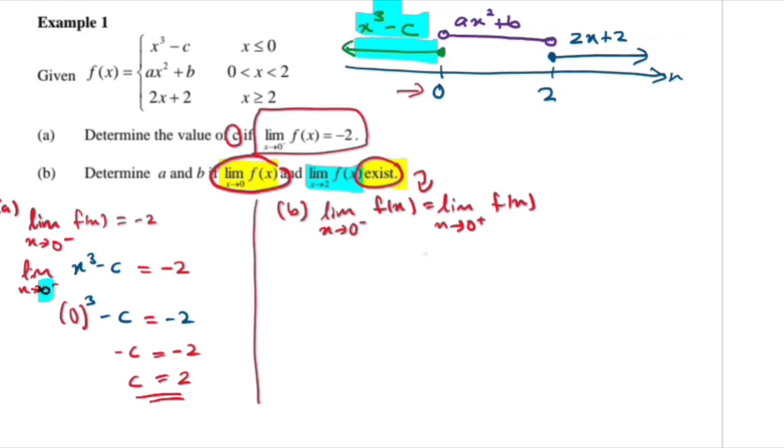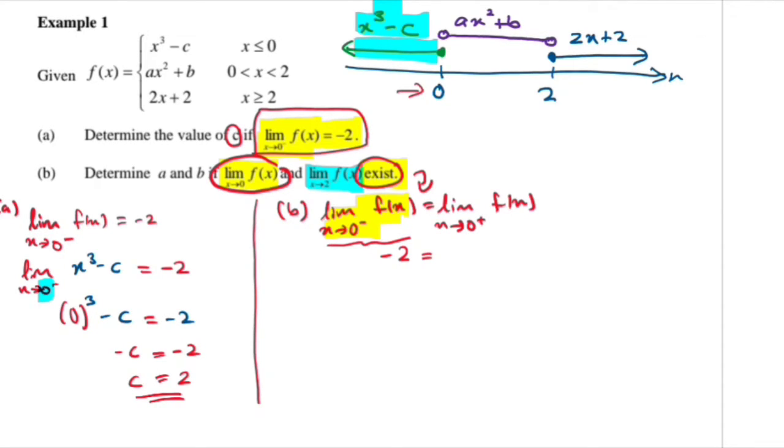You can write that first step. Next, the limit of f(x) as x approaches 0 from the left side is already given in question A, which is negative 2. You can substitute that value with negative 2.